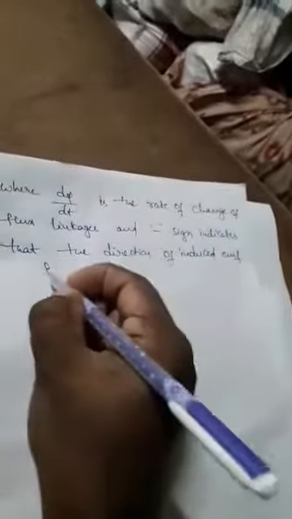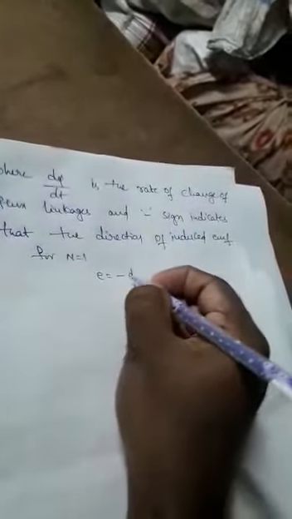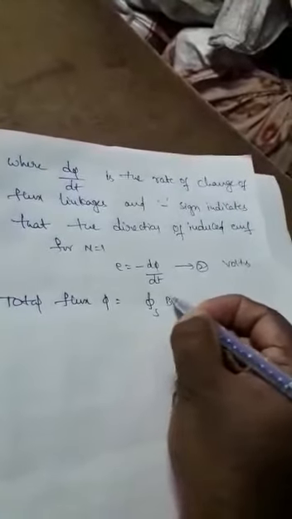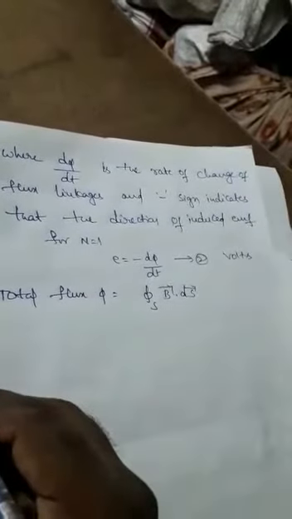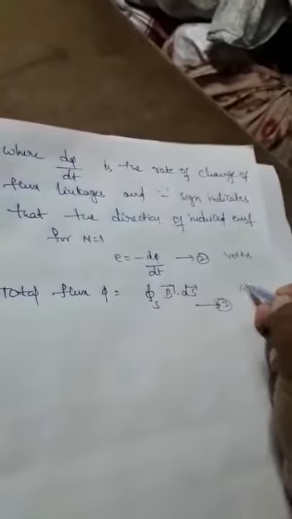So for N is equal to 1, E is equal to minus d phi by dt volts. So the total flux in a coil, phi, is equal to the closed surface integral of B bar dot dS bar Webers.